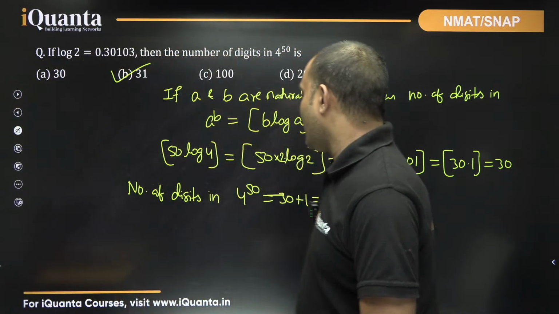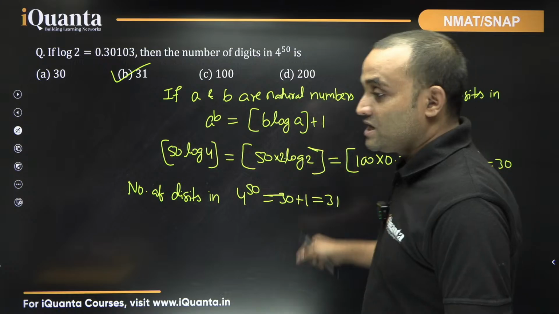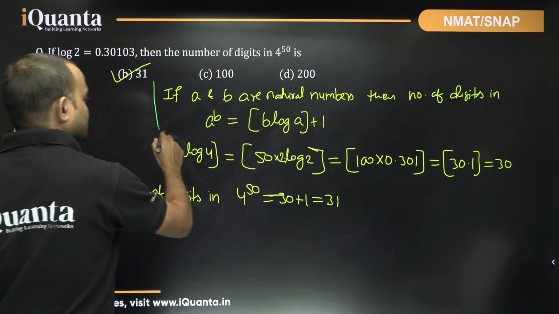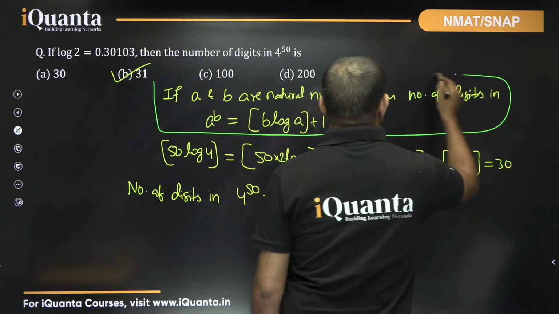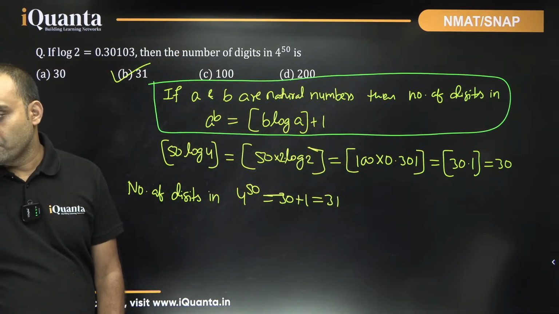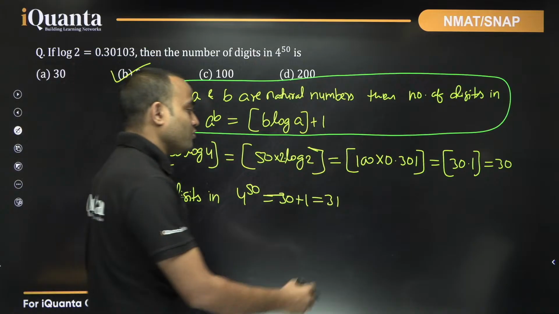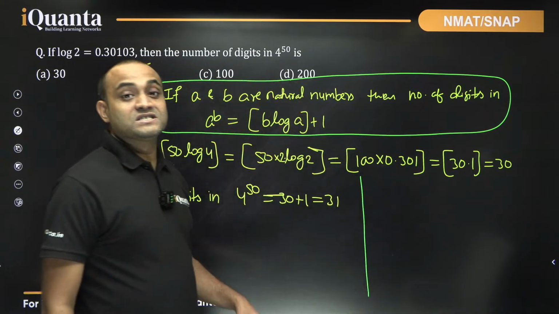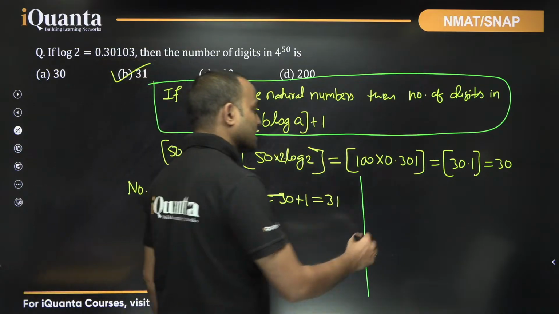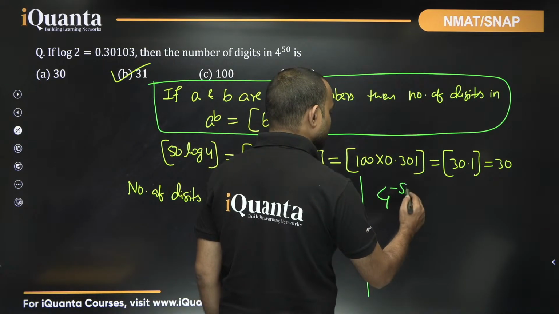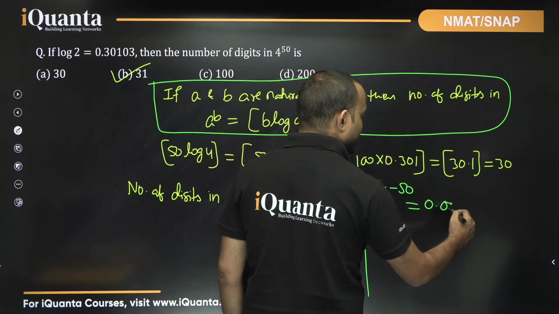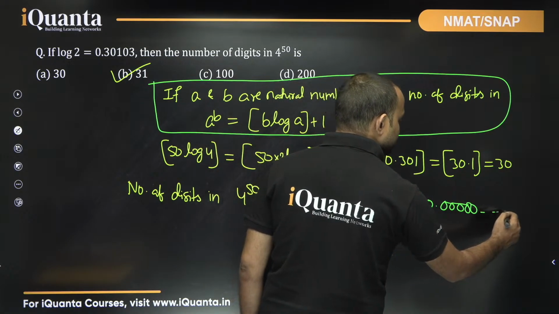Always use plus 1 if you need to find the number of digits. See, there is a different version of this question. Whenever it's A to the power B, you always use plus 1. But if it says how many zeros after decimal conversion of 4 to the power minus 50, it will be equal to 0.0000 something, right?